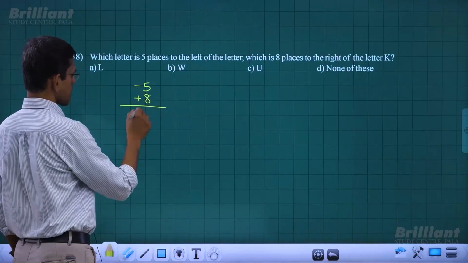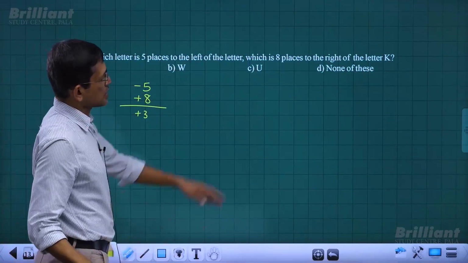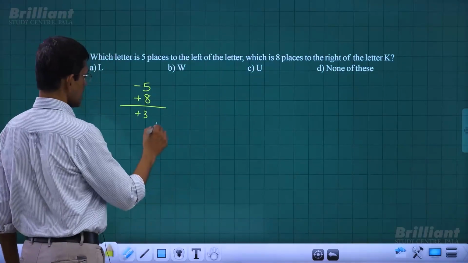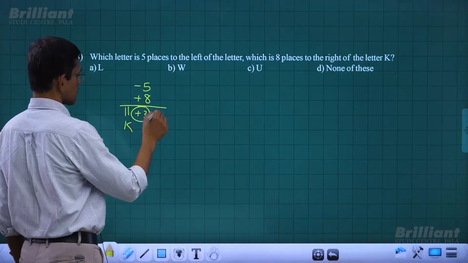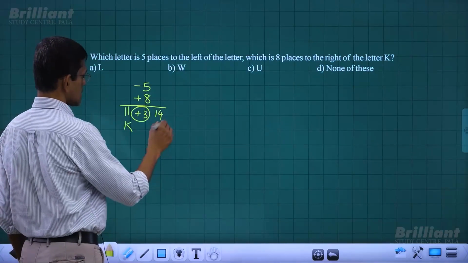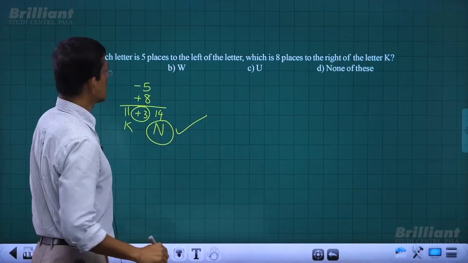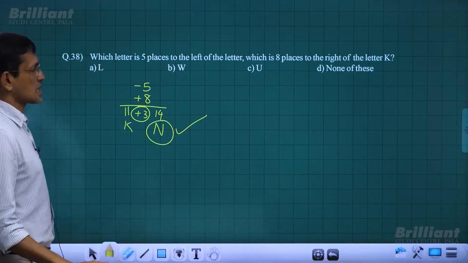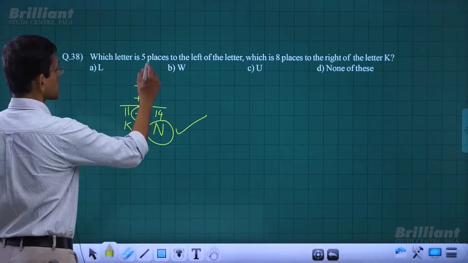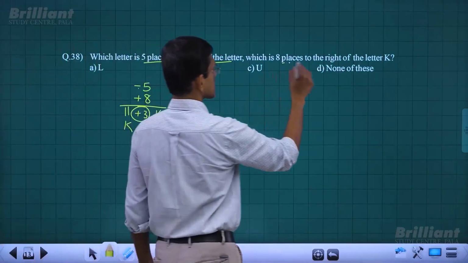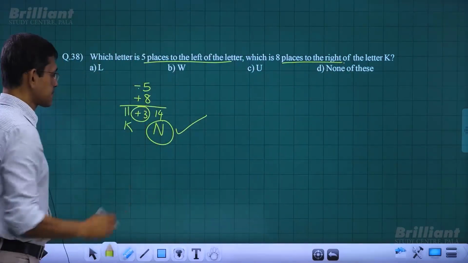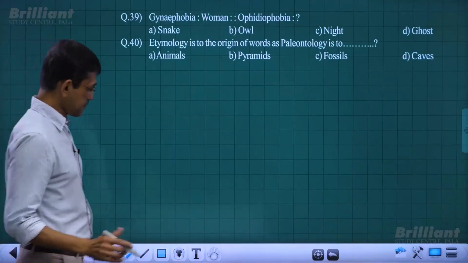So minus 5 plus 8 is plus 3, of the letter K. K is 11. 11 plus 3 is 14. So 14, the letter N. So the answer must be none of these.